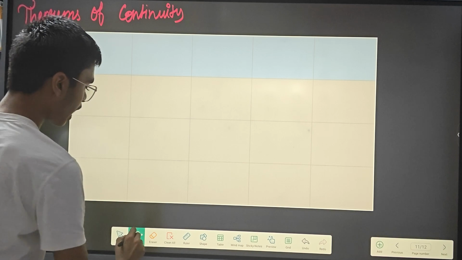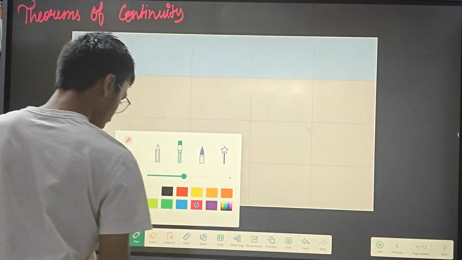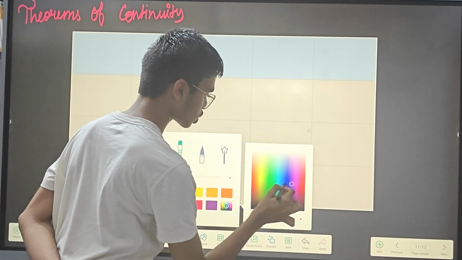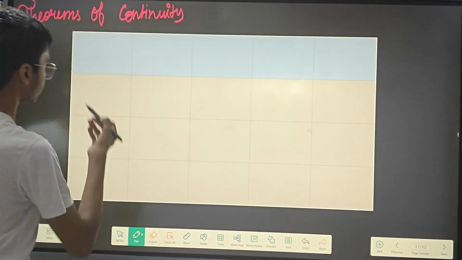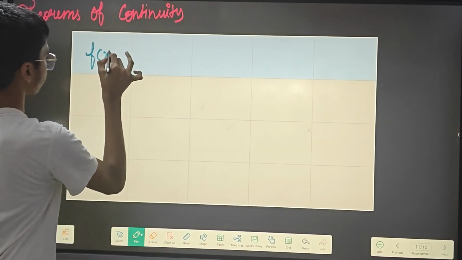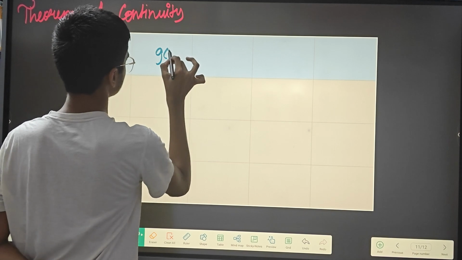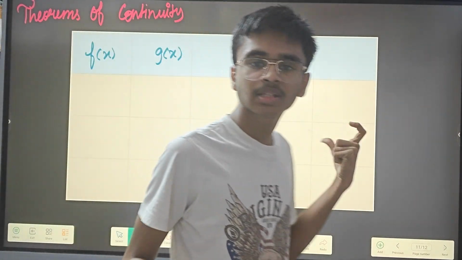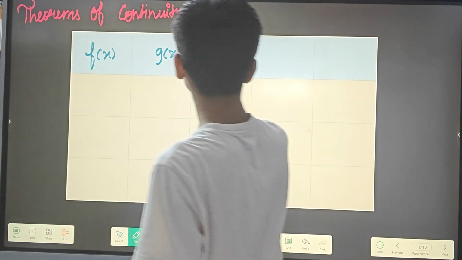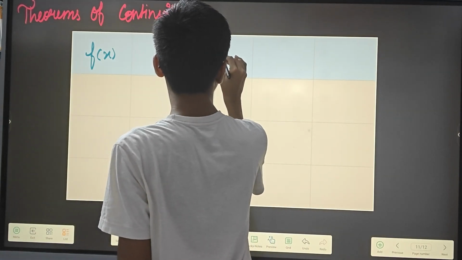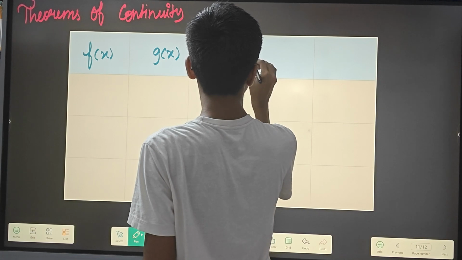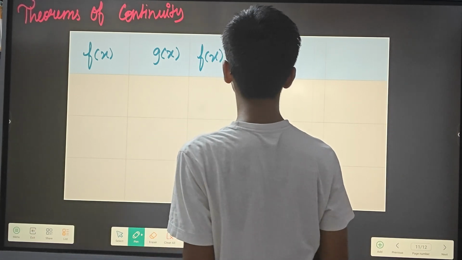So here you are having a few functions. You are having f of x, then you are having g of x. Here you are having f of x plus or minus g of x.